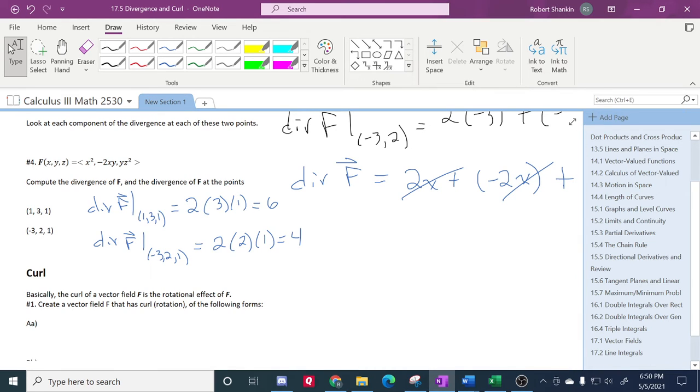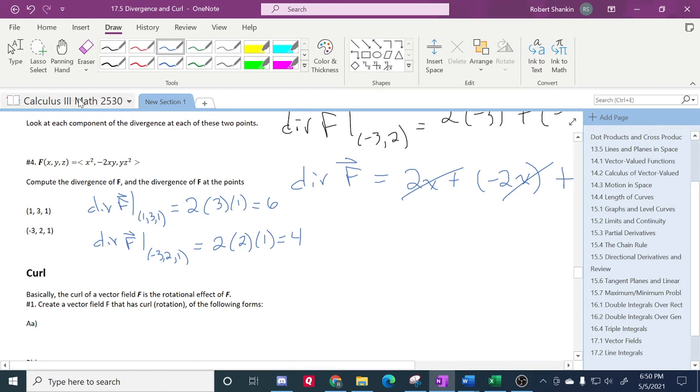Basically, the curl of a vector field F is the rotational effect of the vector field F. So, this is a task you have with your group: create a vector field F that has curl. So it has some kind of rotation of the following form.